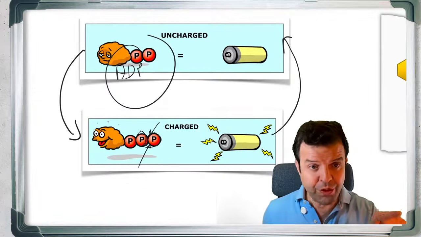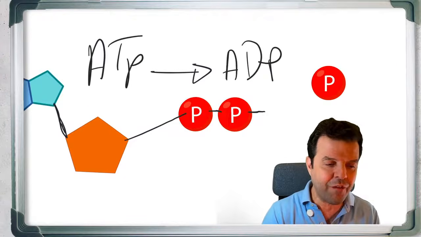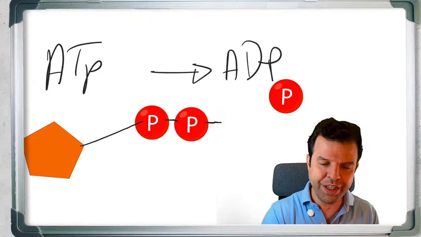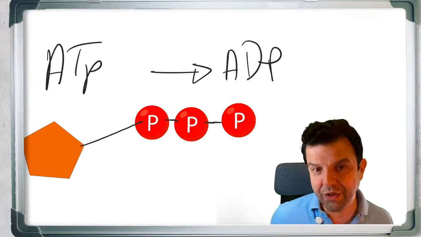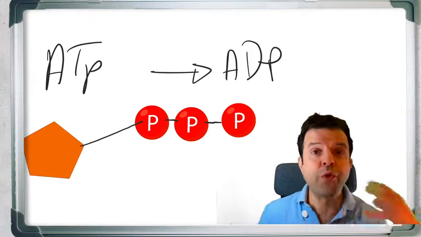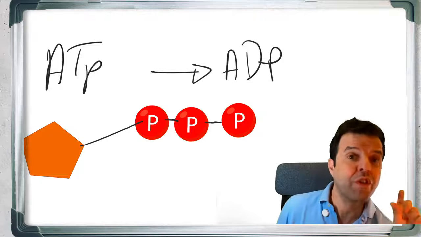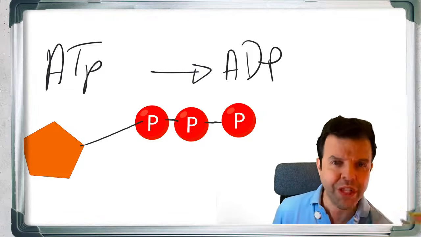Now, phosphorylation, as I said, is as simple as attaching a phosphate to ADP and turning it to ATP. Today's lesson is about photosynthesis, right? Meaning I'll be using the photo part of photosynthesis, which is light.